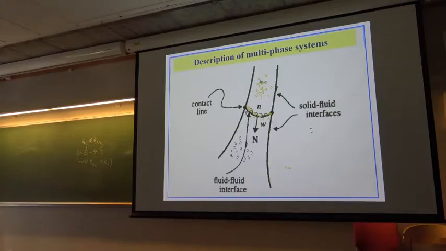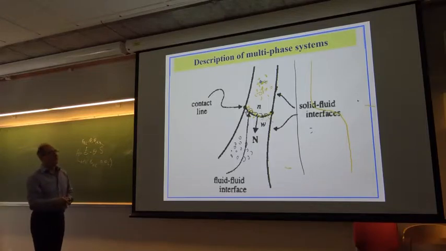If I plot density as a function of number of molecules, this is constant because air is small until I reach here, and now I see water molecules, so it is going to increase, and now it gives you the density of water.